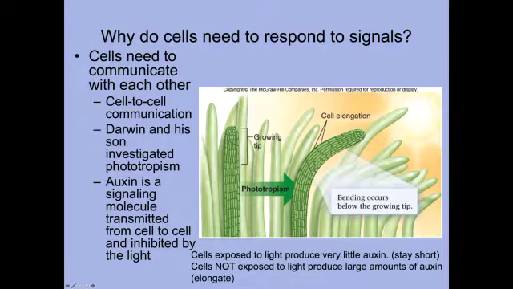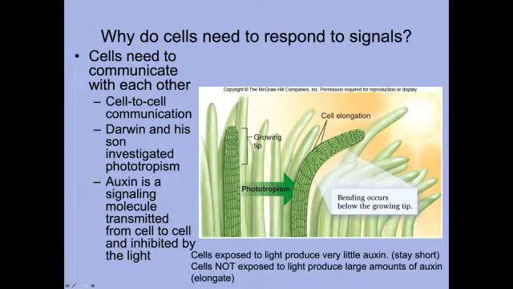So the more light there is, the less auxin the cells are going to produce, the shorter the cells will be. On the right side of this plant, we have very short cells, and on the left side, we have very long cells. This causes the plant to begin bending towards the sunlight in order to expose more of its cells to sunlight for photosynthesis. Remember, these are plants, and they want to carry out photosynthesis.